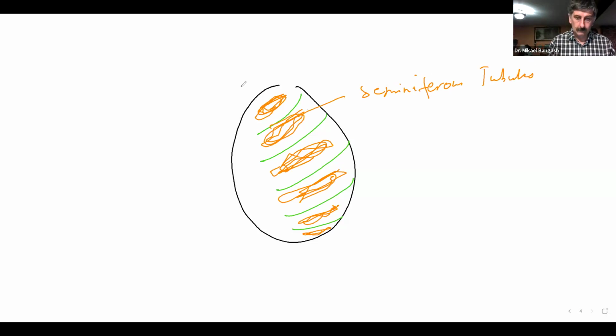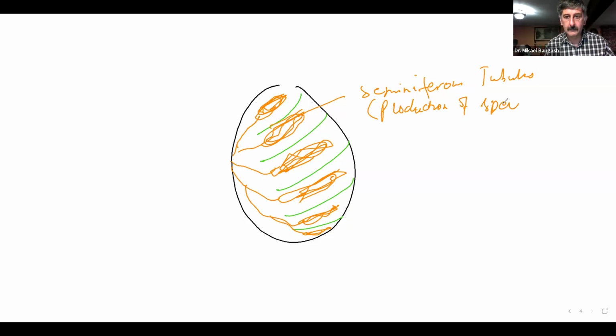Now, these seminiferous tubules here in the testes are pretty much where the production of sperm happens, in these seminiferous tubules.